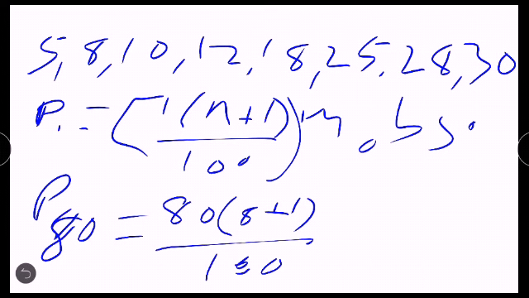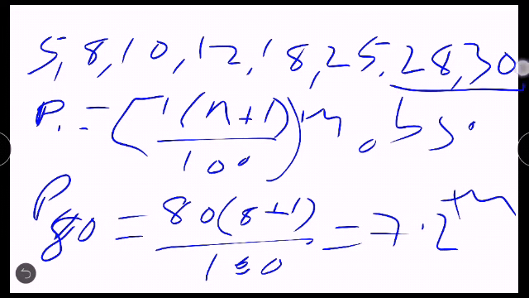So 8 plus 1 is 9, 9 into 80 is 720. 720 divided by 100 is 7.2. So the 7.2th observation means the value of P80 lies in between 28 and 30.